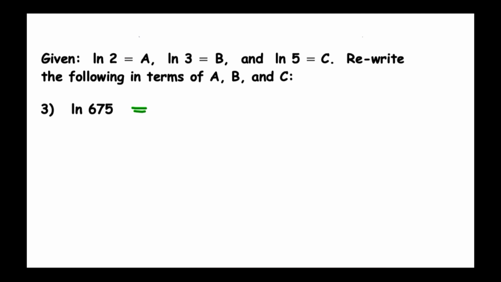Okay. Now at this point, I could go a couple different ways. I just used the product law. I could use the product law again and chop the 25 and the 27 down into a bunch of different things. But I'm going to use the power law instead. It's a little faster. I'm going to change the 25 to 5 squared, and the 27 to 3 to the third.